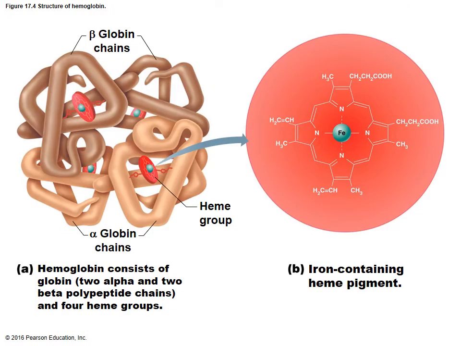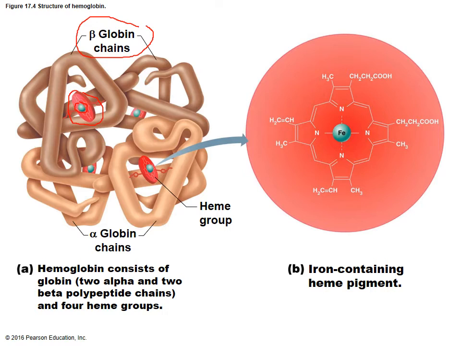Here is a look at what hemoglobin looks like, and as you can see, we have 2 different shades of brown. The darker shade of brown represents our beta globulin chain, and notice how at the end of it you have this little red dot, right? This little red circle, that's going to be our heme group, and here in green, that's our iron molecule.